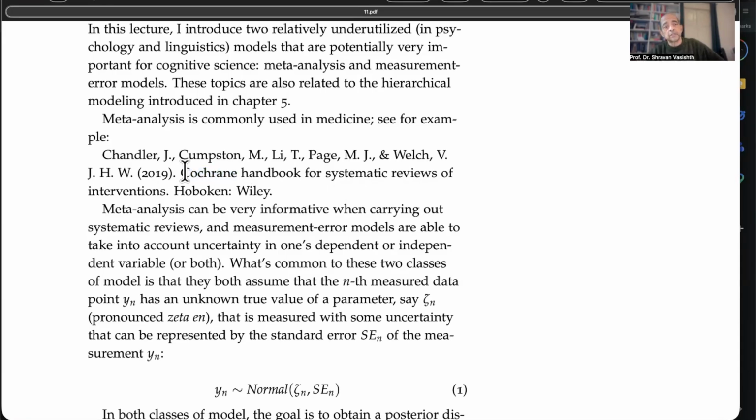They have also produced a handbook for carrying out systematic reviews of interventions. Interventions in medicine refers to providing medication or treatment of some kind to see whether it has any efficacy or not. So this handbook is actually very valuable also for psychology, linguistics, and psycholinguistics.